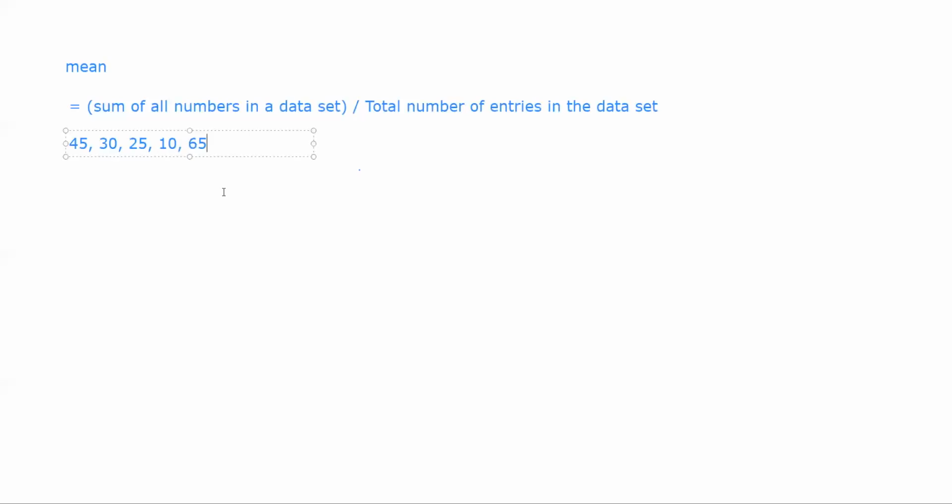If you want to calculate the mean or the average of this data, you would just sum all of these numbers: 45 plus 30 plus 25 plus 10, add 65 to it, and that would be the sum of the numbers.